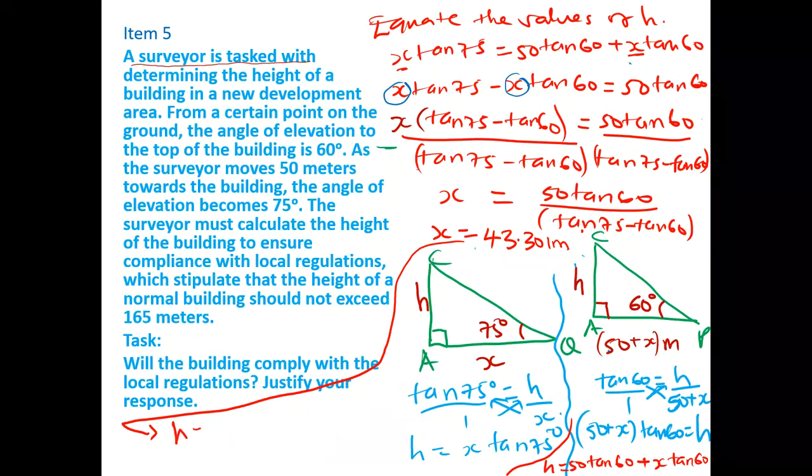After getting the value of x, it's better you substitute that value of x in the value of h. But remember, h is equal to x tan 75 degrees. But now I have x. It means that h is equal to 43.301 times tan 75.